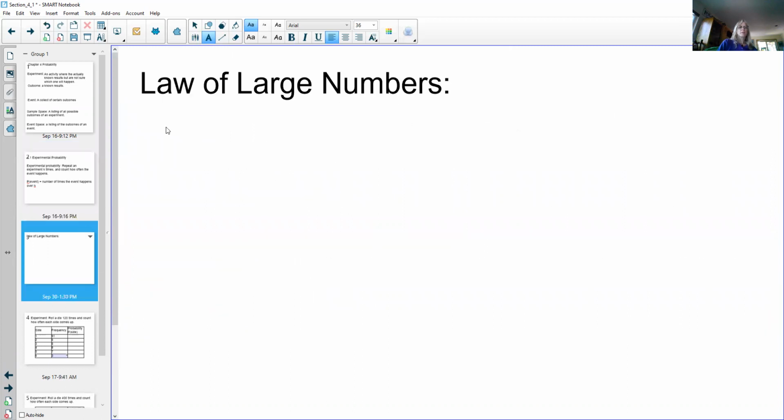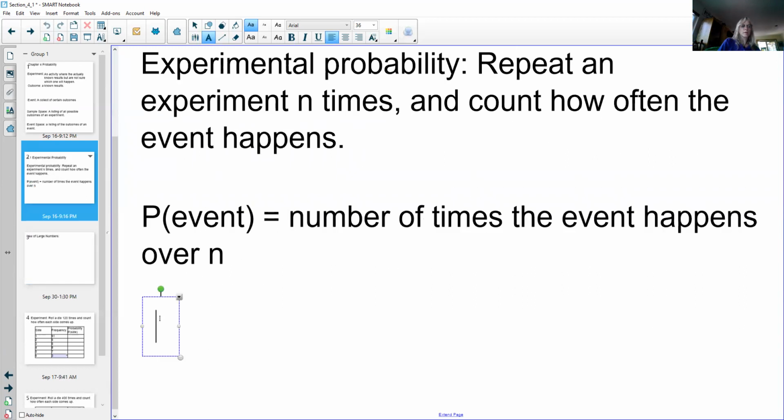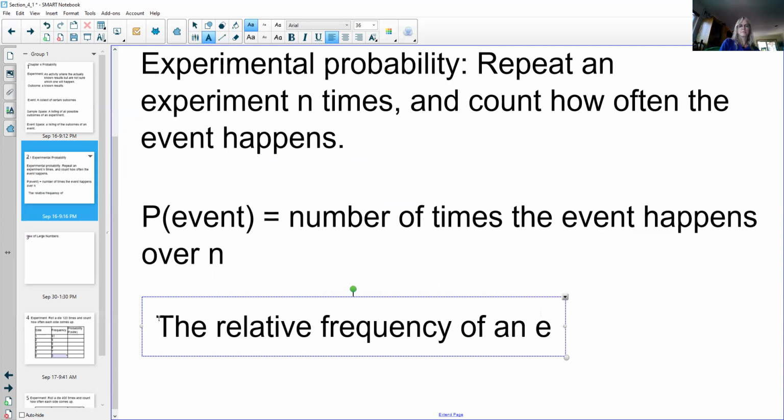Before we go too far into doing an example of this, I want to talk about the law of large numbers. But before we do that, I want to go back and just mention that you can also think of this probability as the relative frequency of an event.